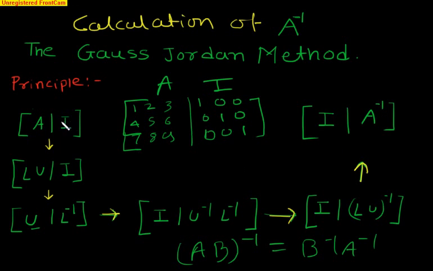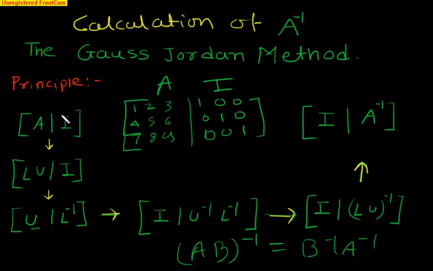I think you understood. Our aim is just to reduce this A to I and this I to A inverse. The steps to do that I have written here. We will see with the example. We have been given A, we will reduce this A to I and this I to A inverse.